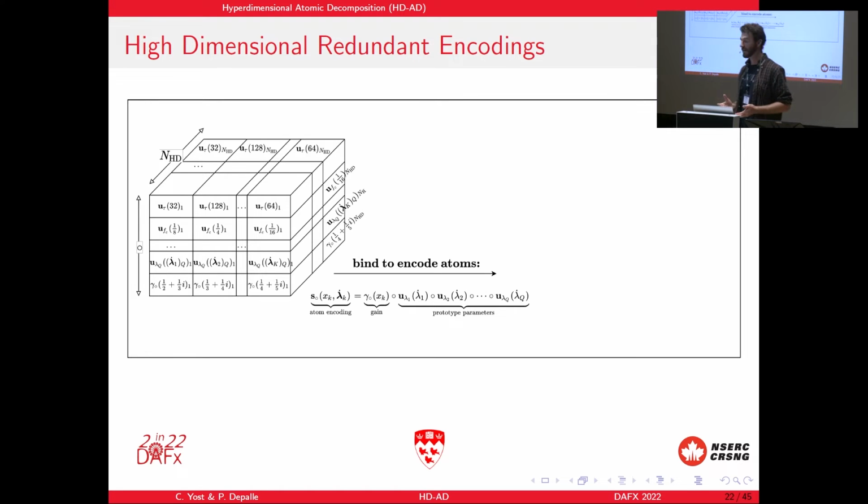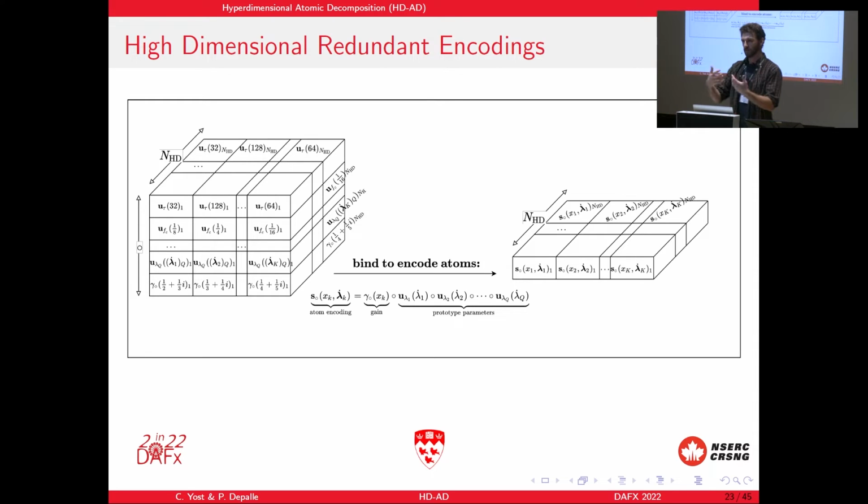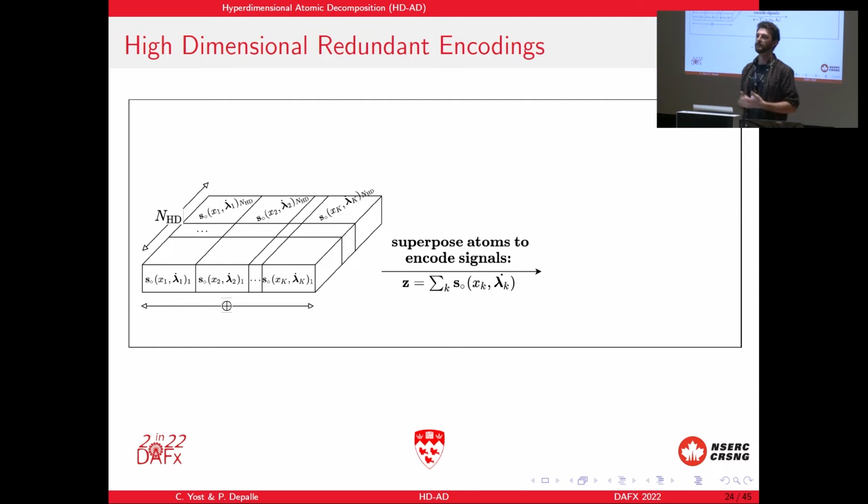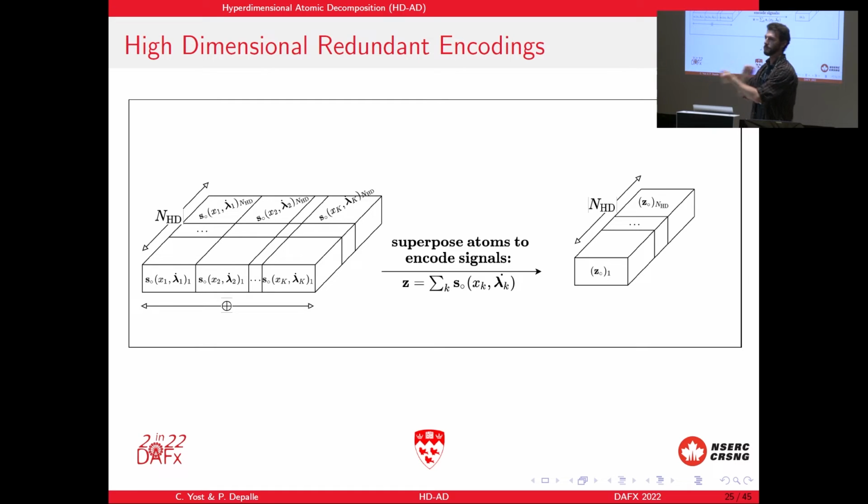Then, in order to encode the atoms, we bind along the parameter axis to bind together those parameters, which allows us to collapse that dimension. And finally, in order to encode the signal, we superpose along the atom dimension of the atom encodings, which allows us to collapse that axis to give us the resulting HDC encoding of the signal y, which, as we can see, is of fixed size N_HD.